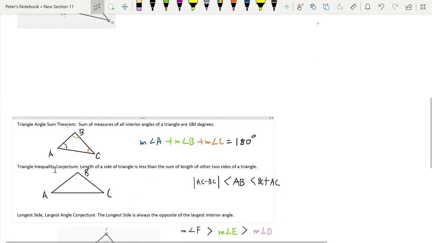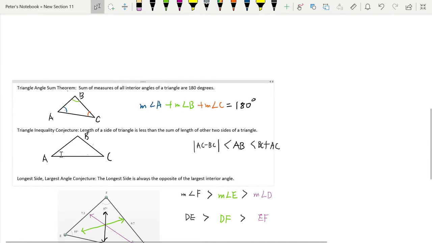Right. And then you folks also learned something called the triangle inequality conjecture. In contrast to the theorem, which was proven in Khan Academy, as you have watched, the triangle inequality conjecture was not proved mathematically, but so far we'll accept it as true.